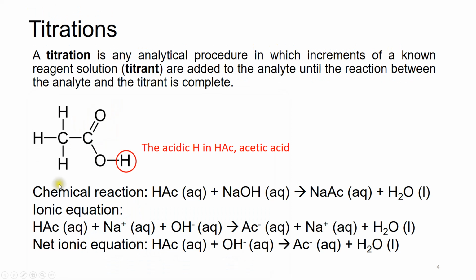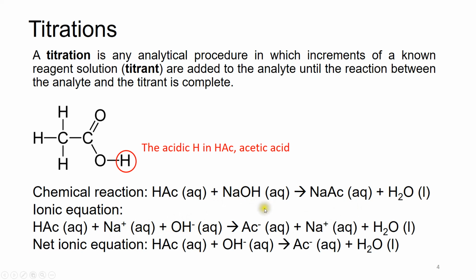Over here we have the structure of acetic acid. This hydrogen is acidic. The chemical reaction between acetic acid and sodium hydroxide is written here. We can also write out the ionic equation. Sodium hydroxide decomposes into Na+ and OH-.